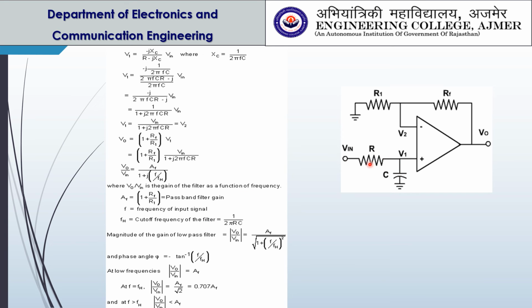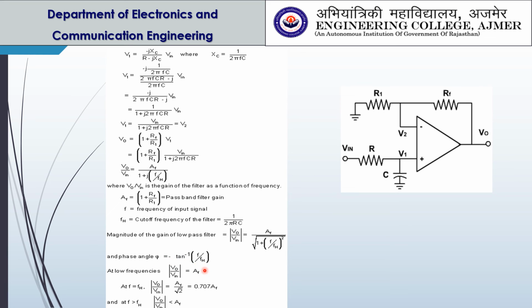If we take the magnitude of this equation, we can write the magnitude of gain of the low pass filter, mod of V0 by Vin, is given by AF upon root of 1 plus f by fH whole square. And if we calculate the phase angle of this equation, we can write phase angle equals minus tan inverse f by fH.